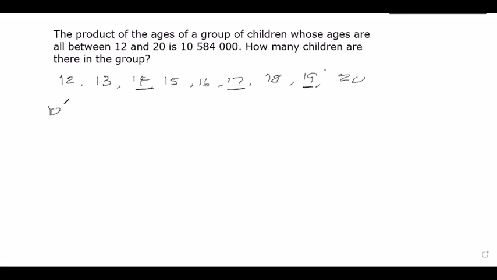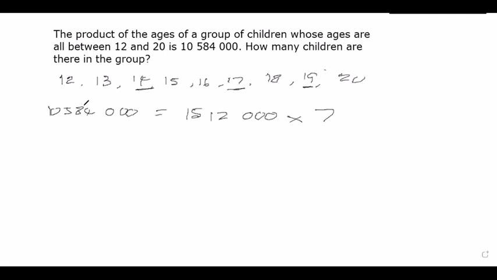So if you look at 10,584,000, you're not allowed to use calculators, but I'm going to write down the answers quickly because we're not going to waste too much time. Now this 7 certainly goes into this. When you divide this number by 7, you're going to get this. So we can see now that 14 is the only multiple of 7 in this lot.